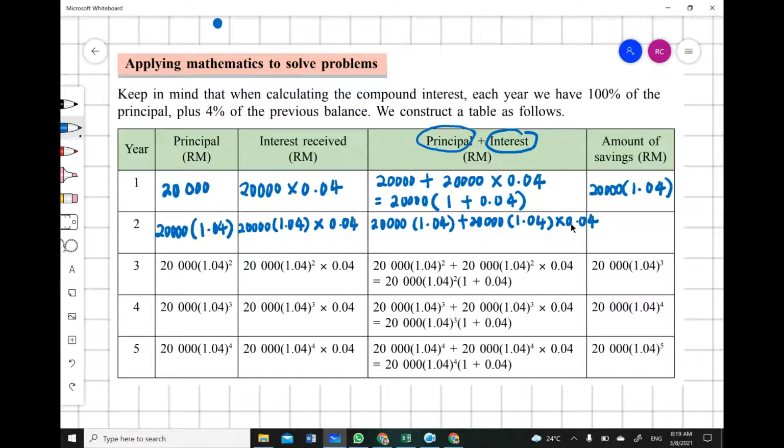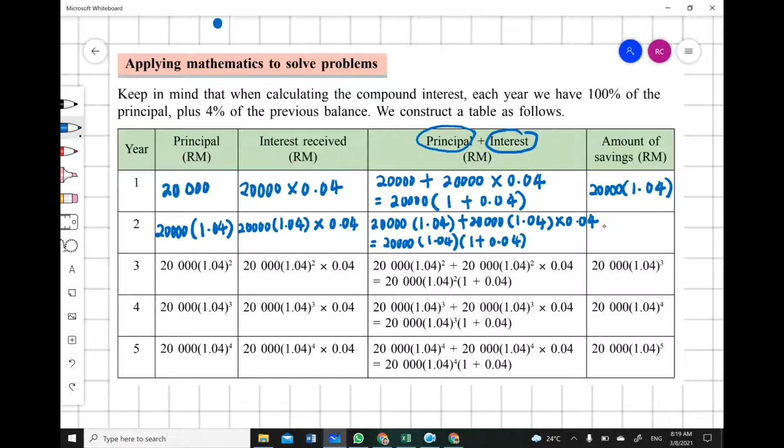Simplify the back first because this one is already simplified. Okay, so this one we copy down first. It is equal to 20,000 times 1.04. After that, you see plus 20,000 times 1.04 is a repetition over here. So it's the same thing. It means this part we can just put as a 1, the same as the principal. So we put in brackets a 1, and then you plus 0.04.